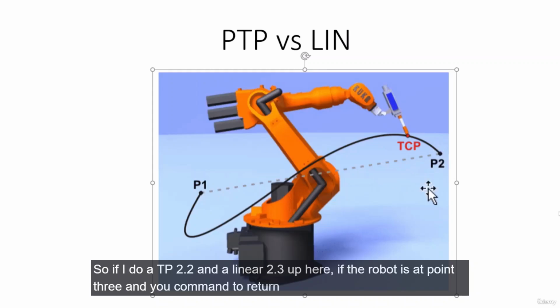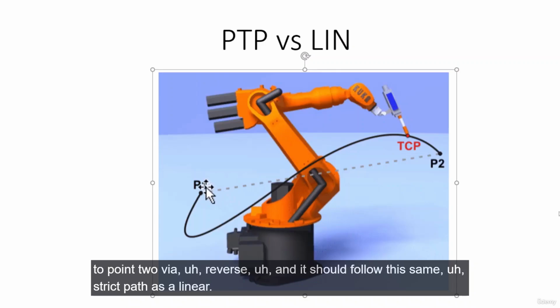So if I do a PTP to point 2 and a linear to point 3 here, if the robot is at point 3, and you command it to return to point 2 via a reverse, it should follow the same strict path as a linear.